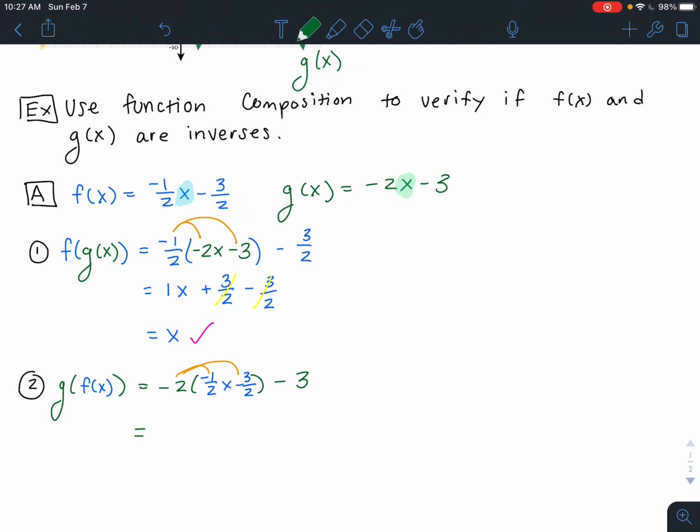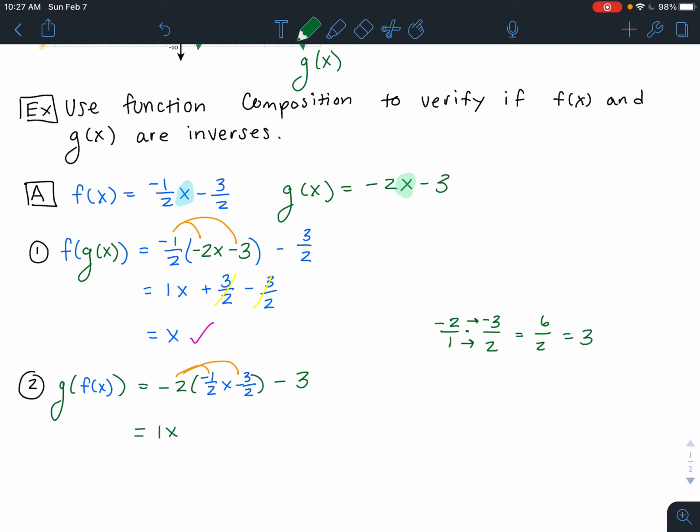So again, I'm going to distribute my -2. So I have -2 times -1/2, that's positive 1x. And then -2 times -3/2, right? If we go off to the side just to do that, that's -2/1 times -3/2. If we go straight across, that's positive 6/2.